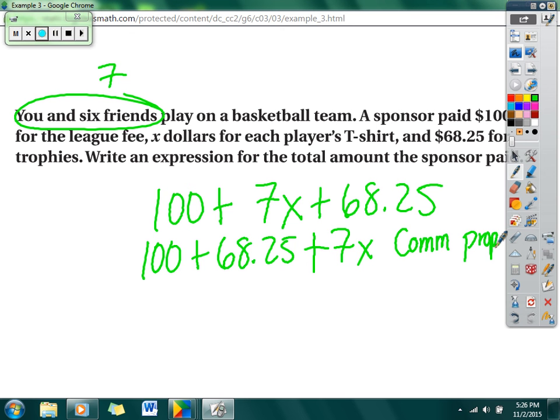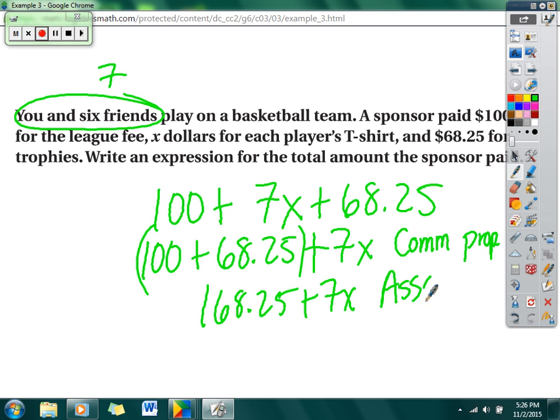Now 100 plus 68.25, I can combine those two terms because I'm going to put those in parentheses. So 168.25 plus 7x is the associative property.